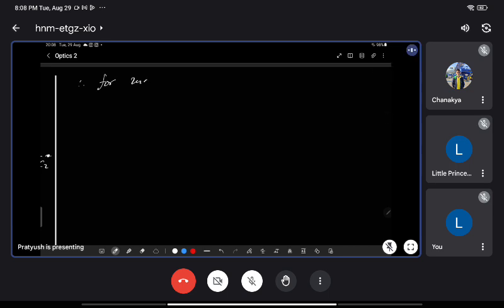For the second surface, what do we have now? For the second surface, again the formula is mu2 upon V minus mu1 upon U equals mu2 minus mu1 upon R. Here a little bit of confusion is there. Please remember carefully.